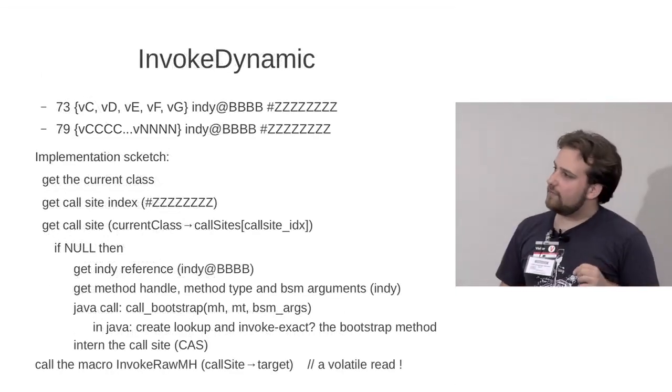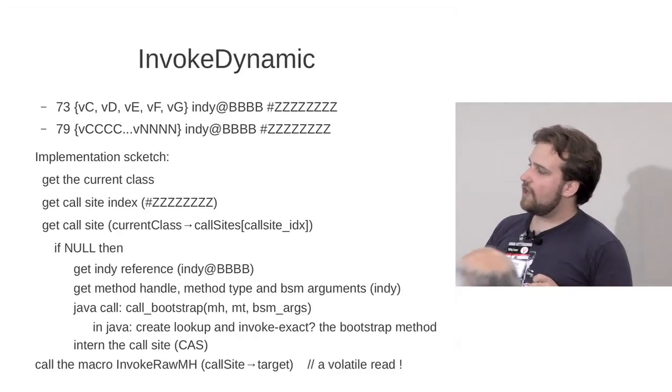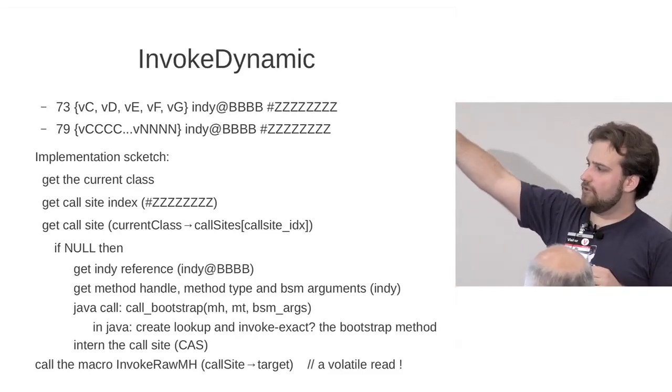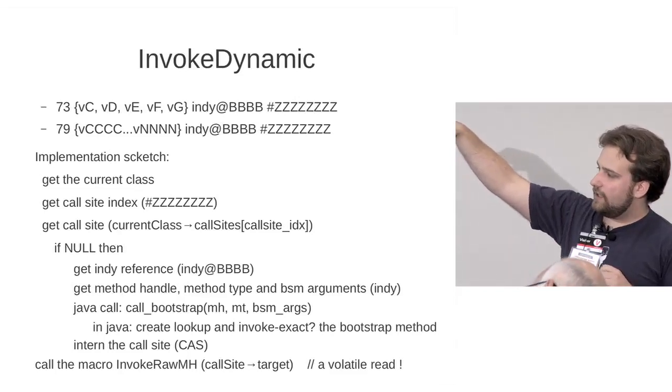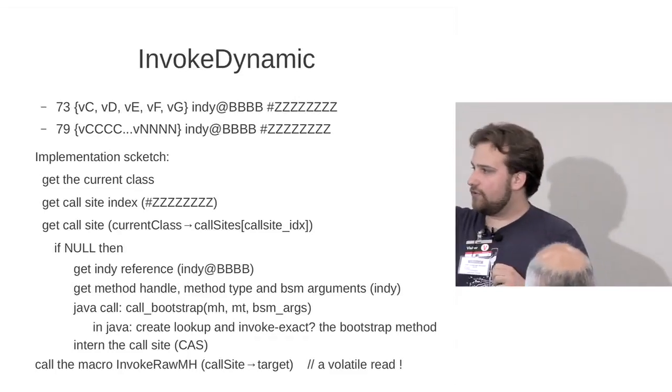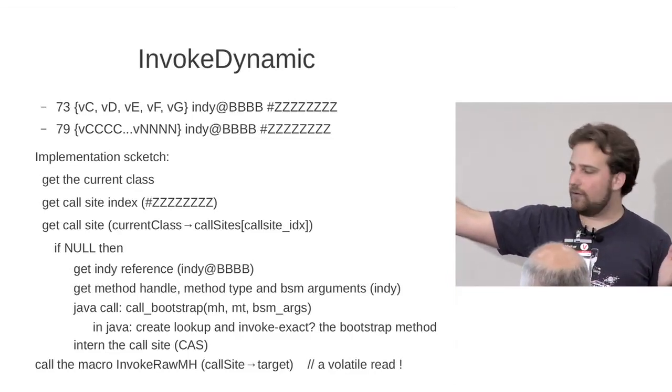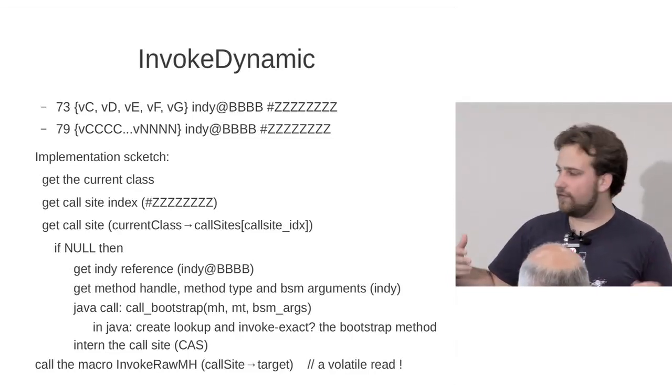And for InvokeDynamic, we have to get the current class and the call site index, and we try to get the call site if it's already resolved.